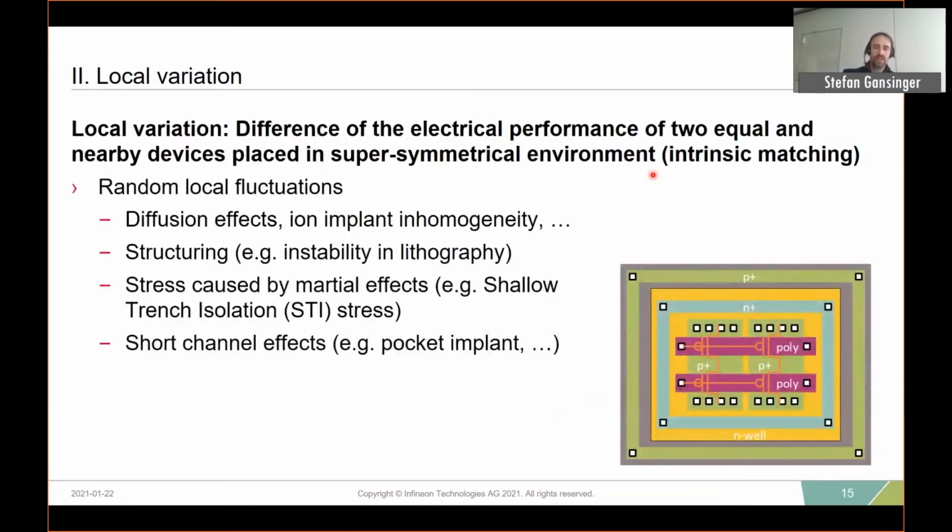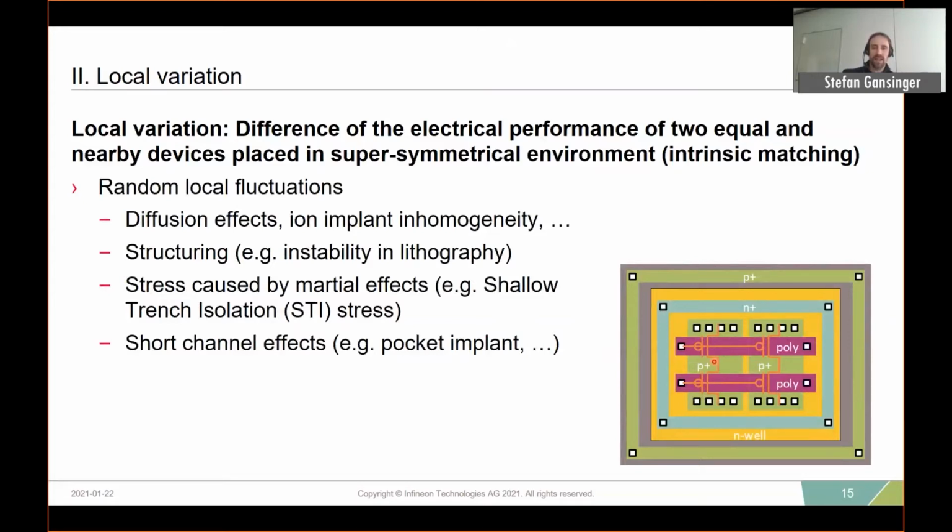So local variations means we have differences in devices which are, at least theoretically, perfectly equal. I tried to draw a simple layout here. So we have 4 transistors, 2 transistors, maybe cascodes, and 2 PMOS transistors, which can be current sources. If we look to this, there is a mirror axis.